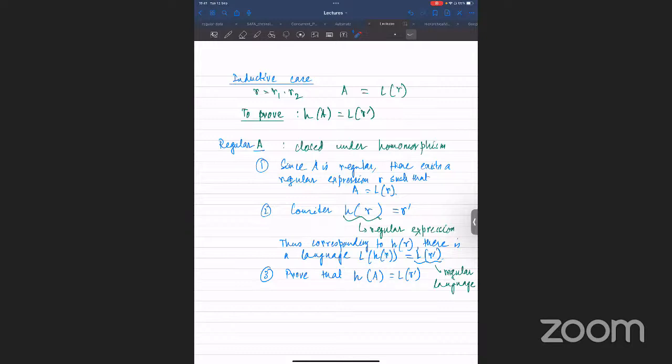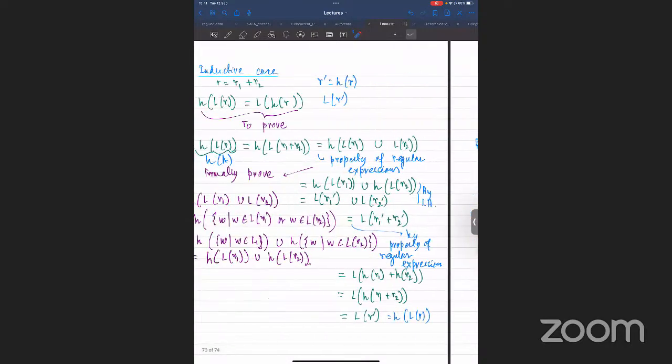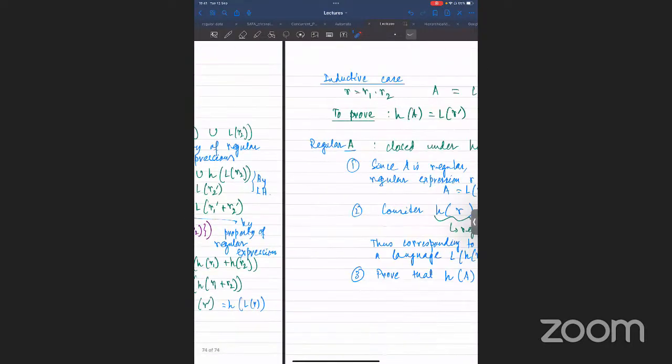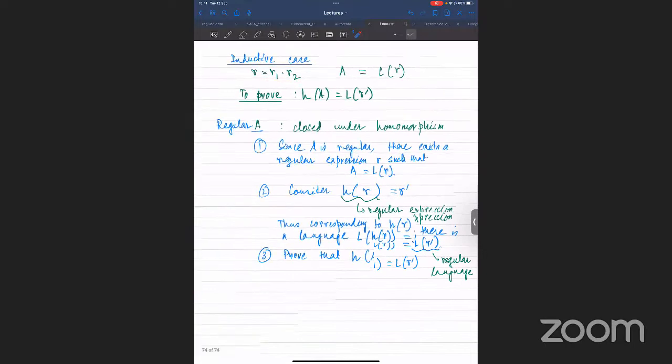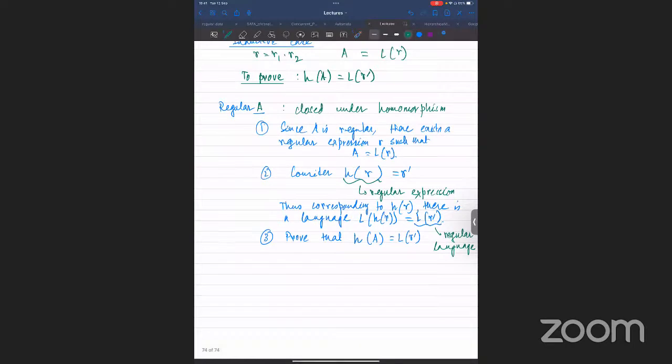We are proving this by structural induction on the regular expression R. So we already showed the inductive case of R1 plus R2, and now we are trying to prove this for the inductive case of R1 dot R2, right? So how are we going to do this? Can you tell me quickly? The broad structure of the proof is clear, right? So H of L of R equal to H of L of R1 dot R2.